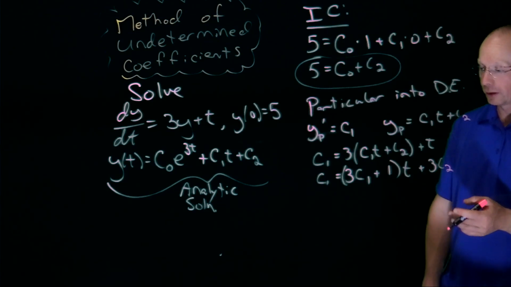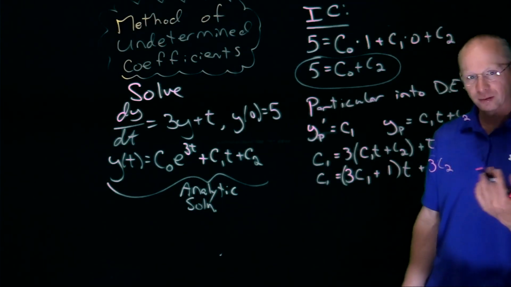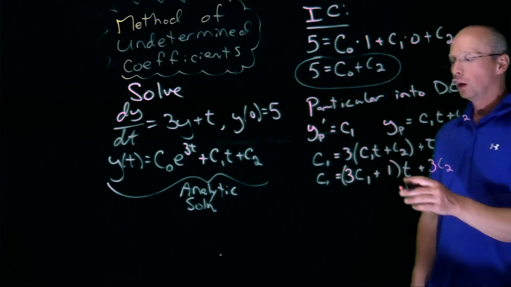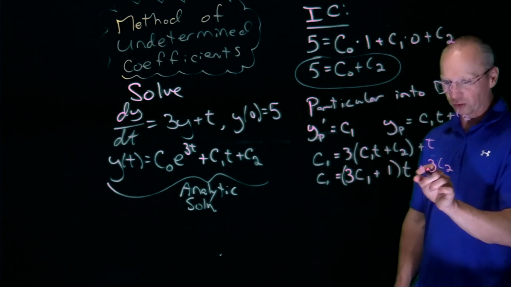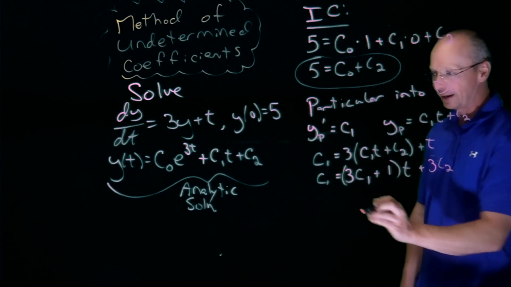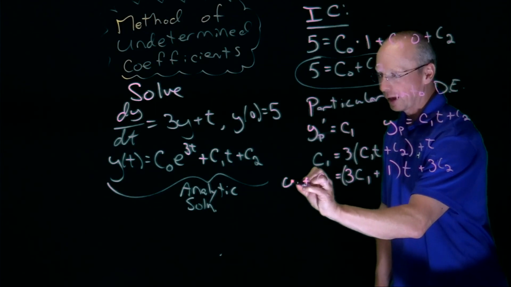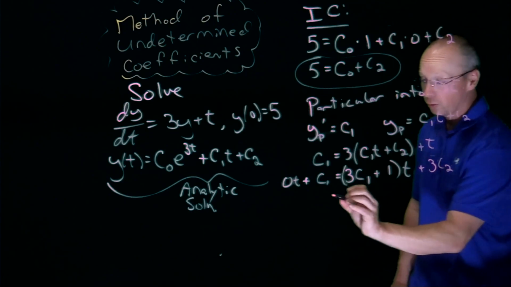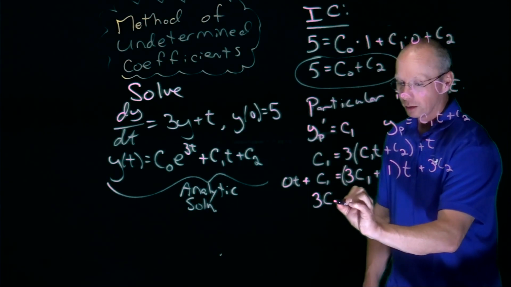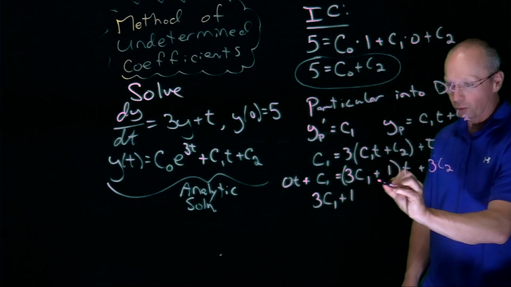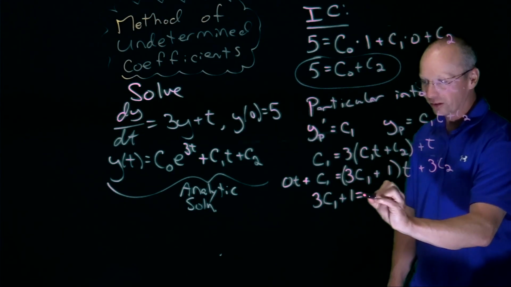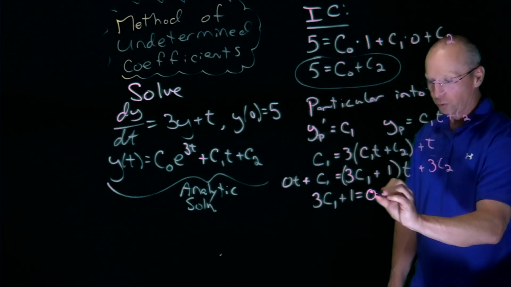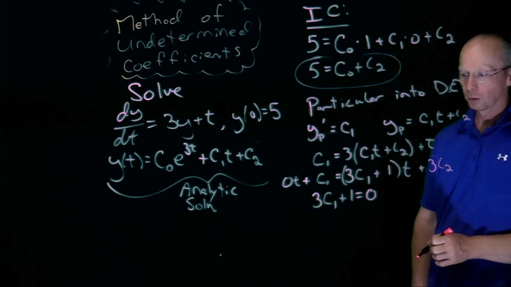Finally, we're going to play this little game that just says, well, okay, this equal sign has got to always be true. So I'm thinking of this as a linear function over here on this side. Well, why don't we make that a linear function on the other side? And now I'm just going to match coefficients. I know that 3c1 plus 1, the coefficient of the t's, has to be equal to the coefficient of the t's on the other side.